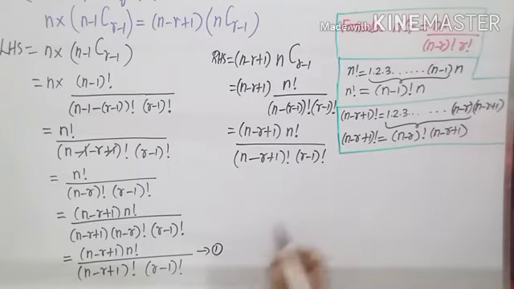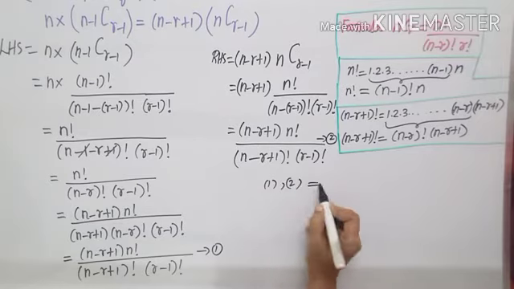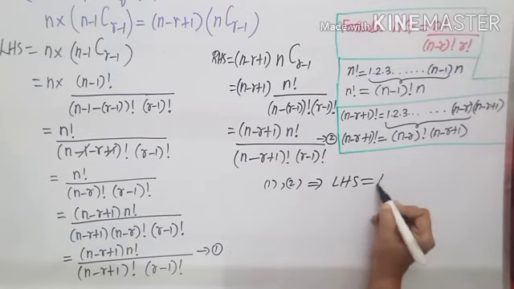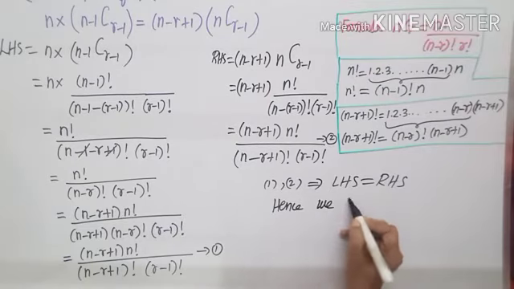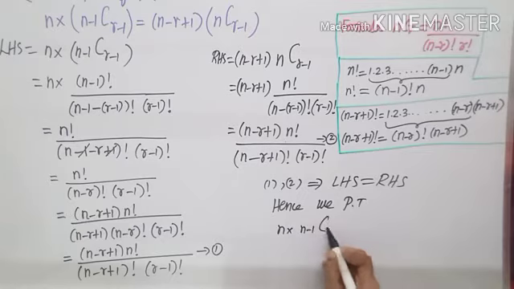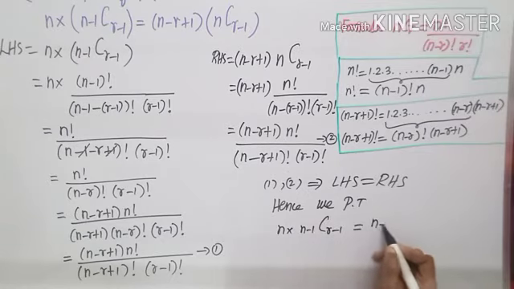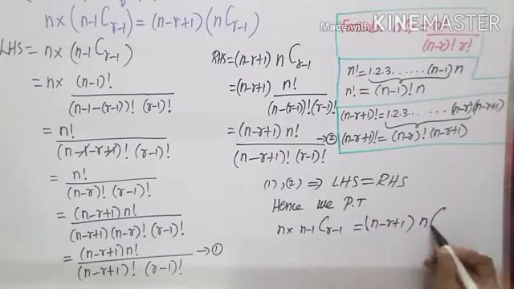Call this as 1 and this as 2. 1, 2 implies LHS equal to RHS. Hence we prove that n into n minus 1 C r minus 1 equals n minus r plus 1 into n C r minus 1, and that is the question.